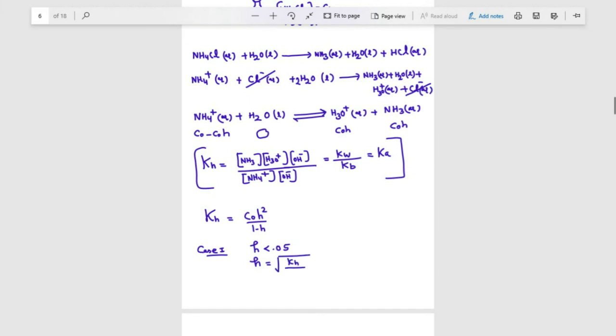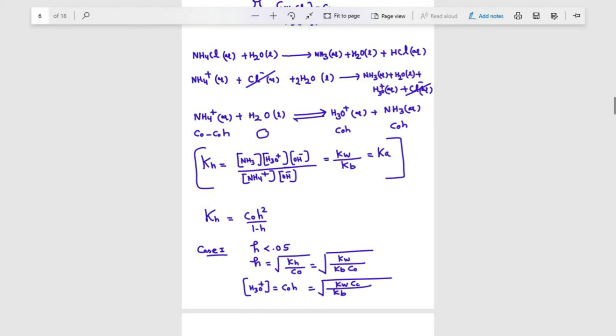And we know that KH is equal to Kw upon Kb. So h equals under root Kw upon Kb into C naught. And the concentration of H3O plus ion is equal to C naught into h. So if you simplify, you can directly write that it is equal to under root Kw into C naught upon Kb.